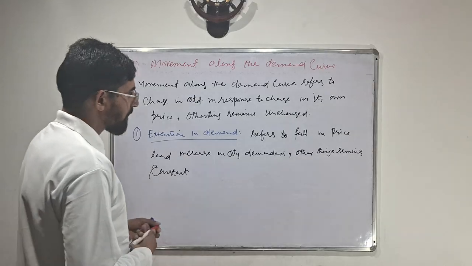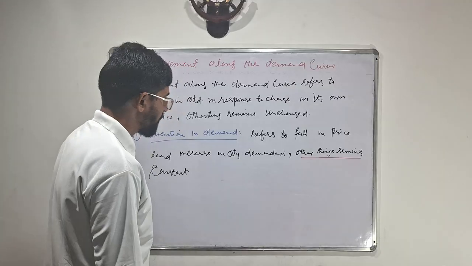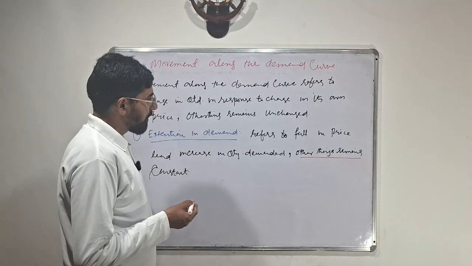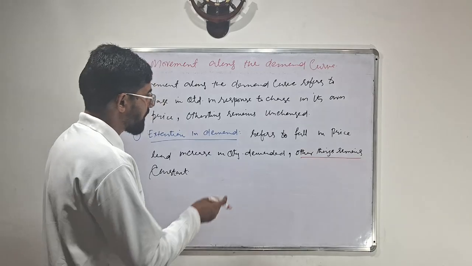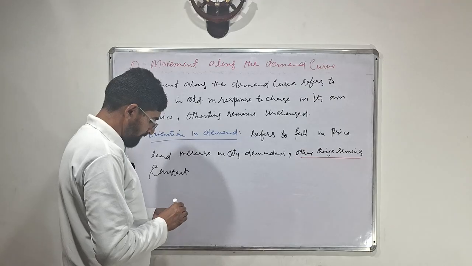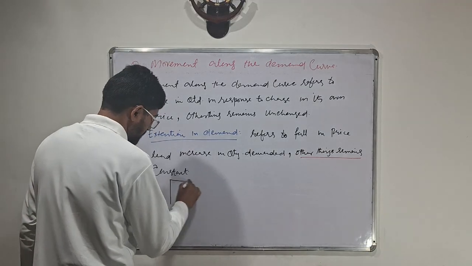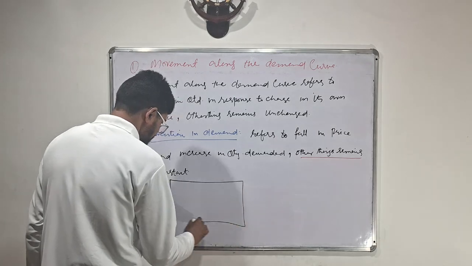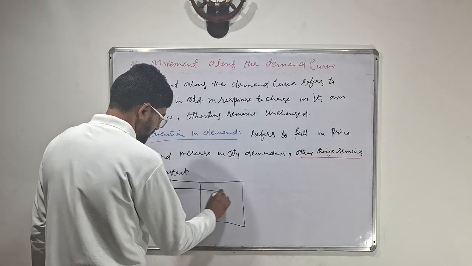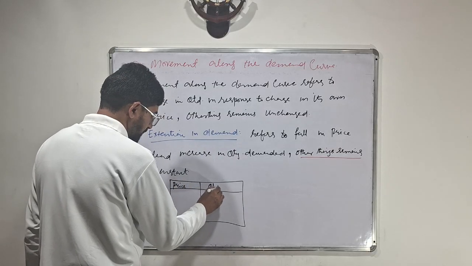As yesterday I discussed, what we call other things, why these remain constant, and what is their impact on quantity demanded. Every time you should remember, we draw the schedule based on this statement. As I will draw, this is the schedule, this is price, this is quantity demanded.